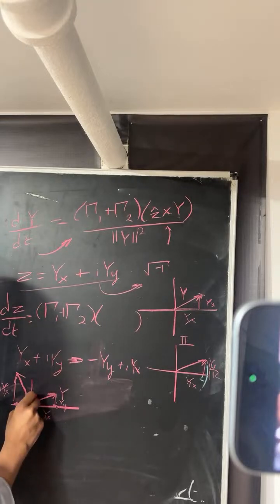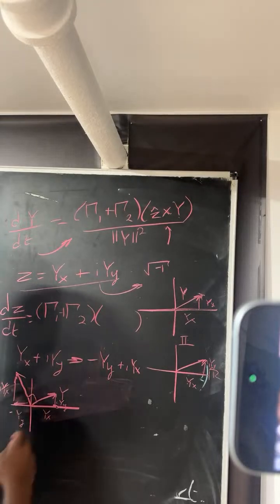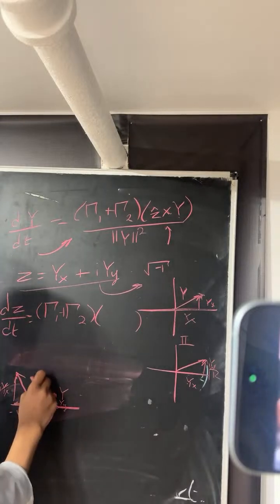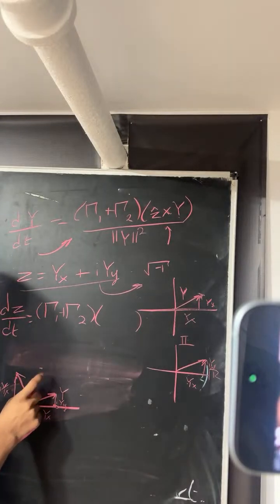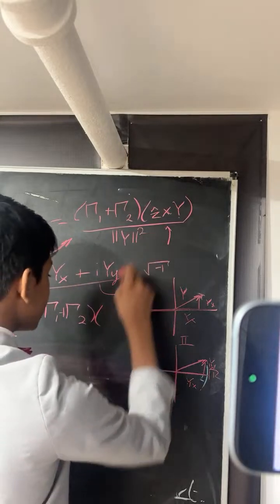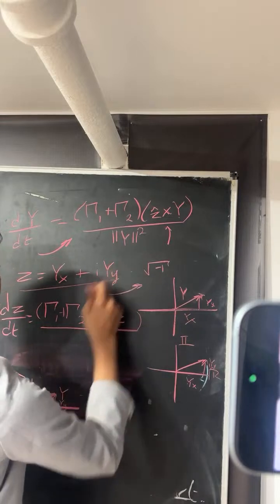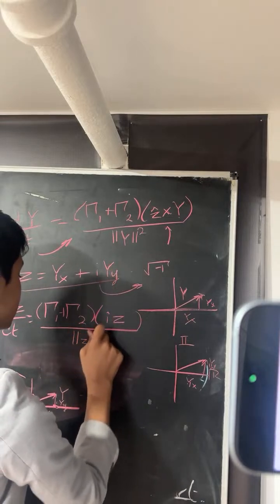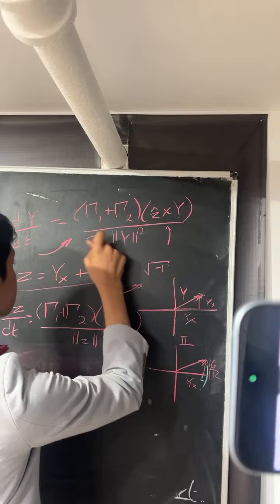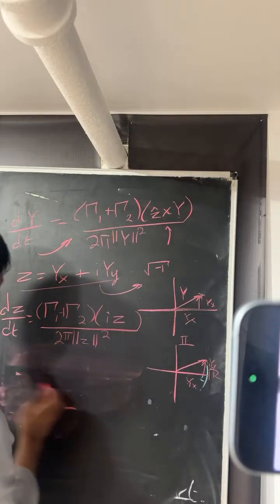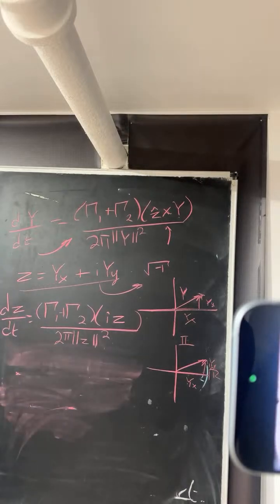A rotation of exactly 90 degrees. And that also corresponds to a multiplication by i. So this is equal to i multiplied by z divided by the magnitude of z squared. I should have added 2 pi a long time ago. Sorry. Now here's the kicker, right?